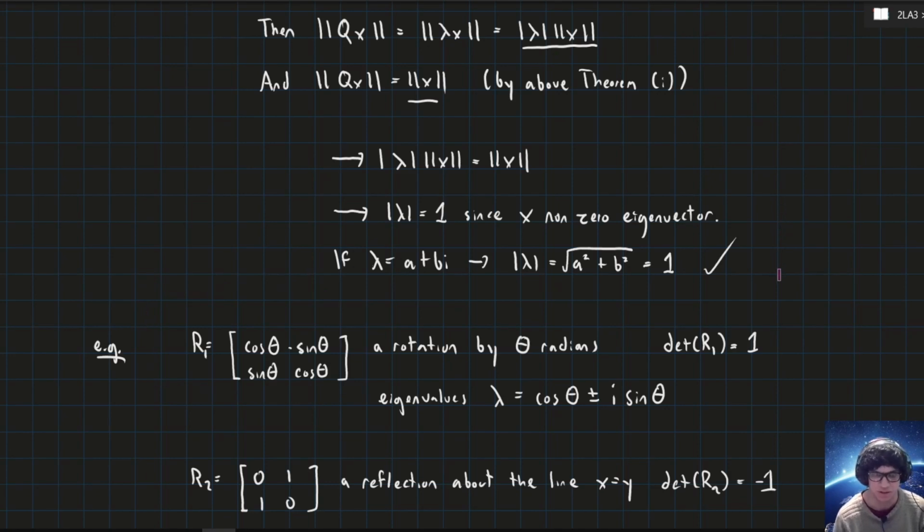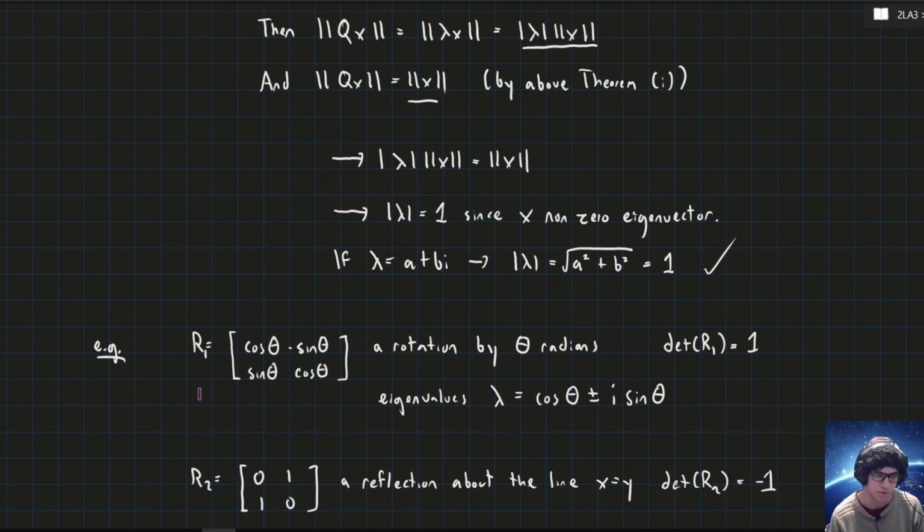Because suppose you rotate every vector by 45 degrees, then there isn't any vector staying in its span, since it's just being rotated, not being scaled. So it makes sense then that to describe the eigenvalues, we're going to have to use complex numbers.